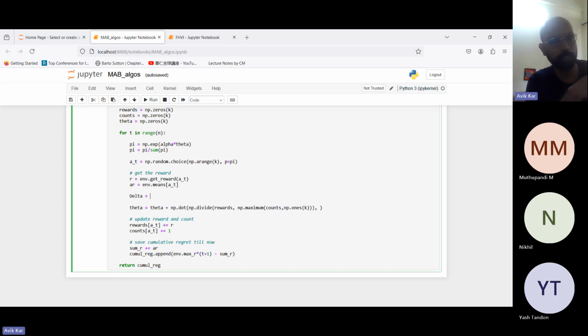So delta will basically be a k cross k matrix, and writing that delta is the main challenge, I think.